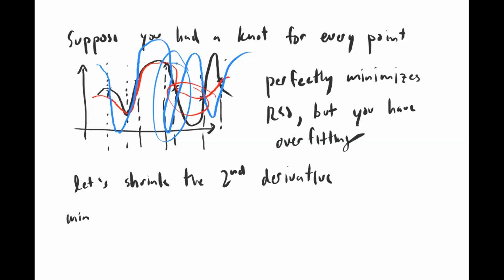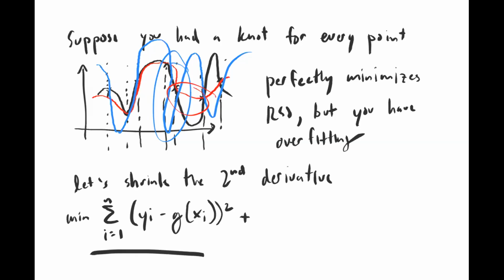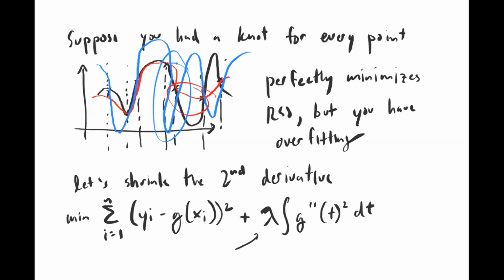So this is where it's similar to our ridge and lasso regressions. In addition to this term, we're going to add a tuning parameter. So this is our tuning parameter. And then this is our penalty function.